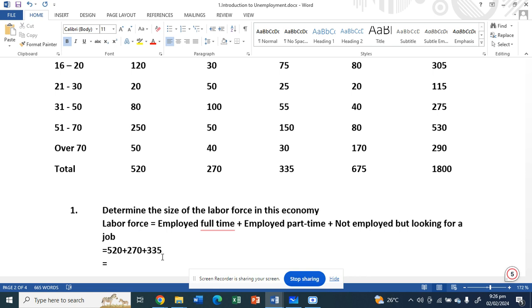So 520 plus 270 plus 335. So the 1,125 people form the labor force of this economy.